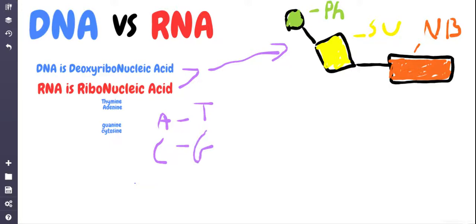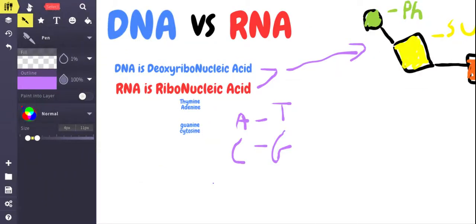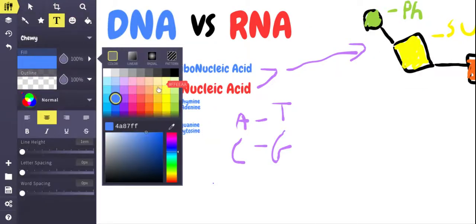And then for RNA, it's almost exactly the same thing, except instead of thymine, it has uracil. So I'll write that in red. This one is just in RNA.